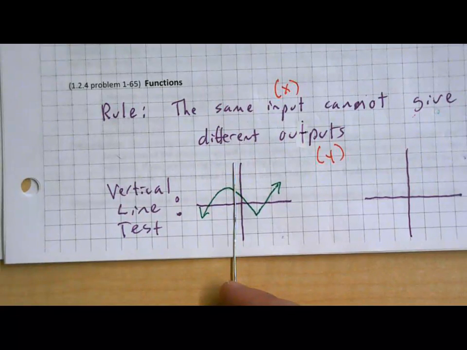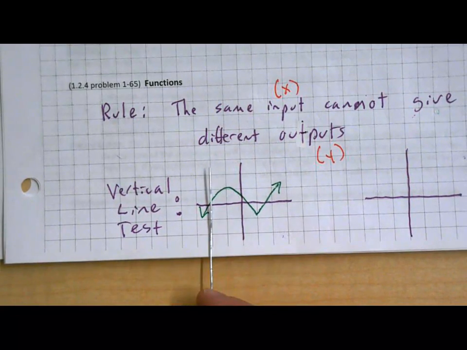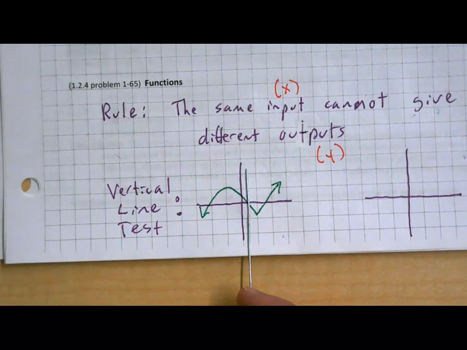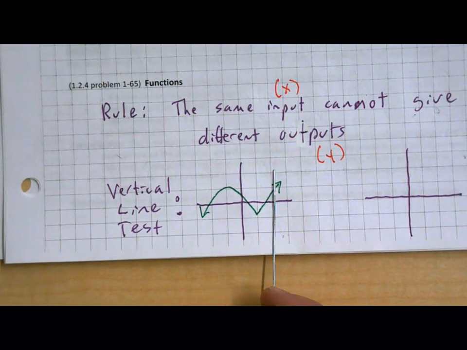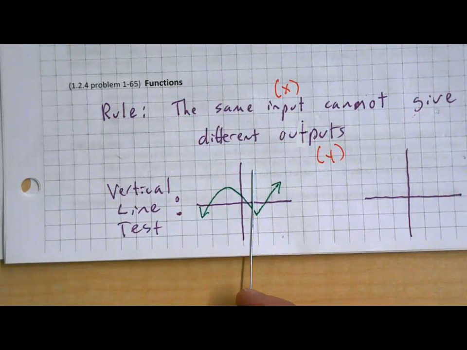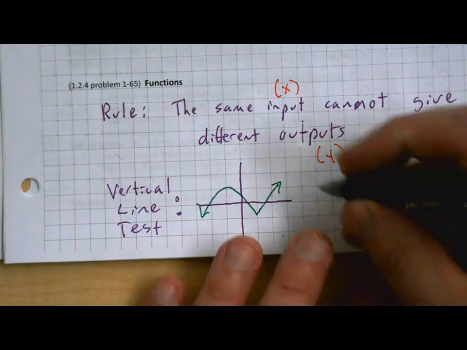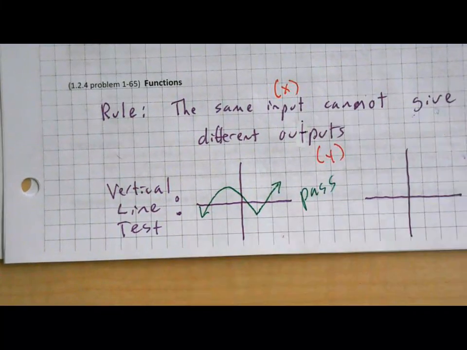Just one? As I move across here, can you tell me if we ever get to a point where that vertical line is touching my function in more than one place? Tell me to stop if you see it. Anywhere on there? Nope. All right, then this is a pass. That passes the vertical line test.